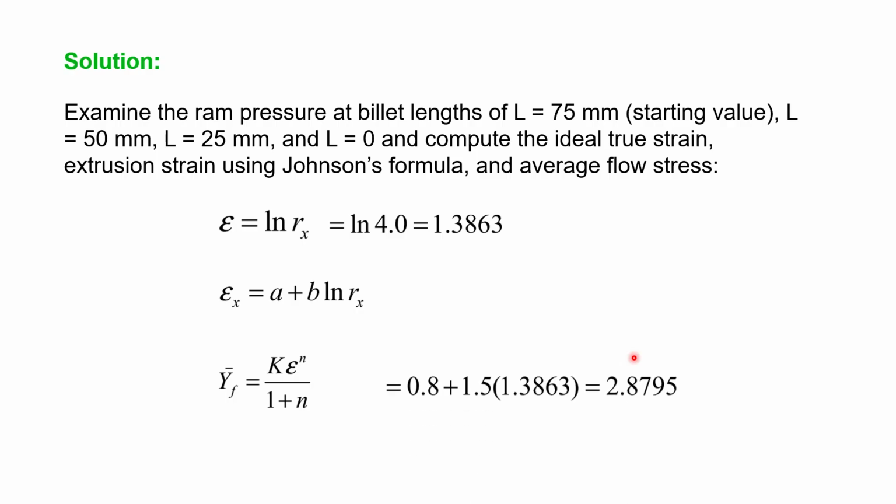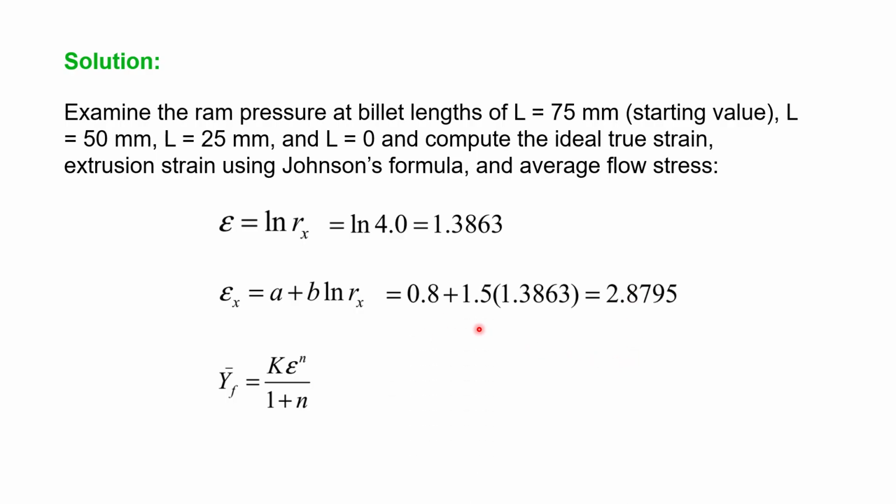For the second one, it is 0.8 plus 1.5 multiplied by 1.3863, and this gives the answer 2.8795. Finally, the YF: we know the strain, n and K are given, so we can find that the average flow stress is equal to 373 megapascal.